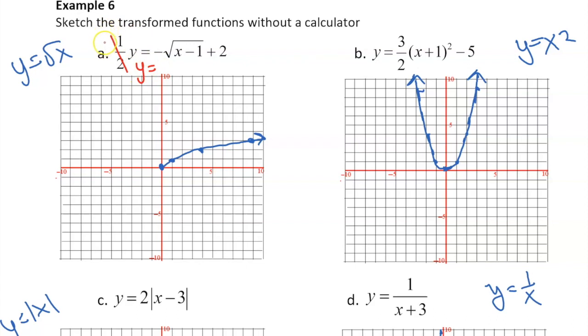So if we want to isolate for y here, we need to times both sides by 2, and we know that 2 gets distributed. So we would have y equals negative 2 root x minus 1 plus 4. The negative here tells us that we're going to reflect it over the x-axis.